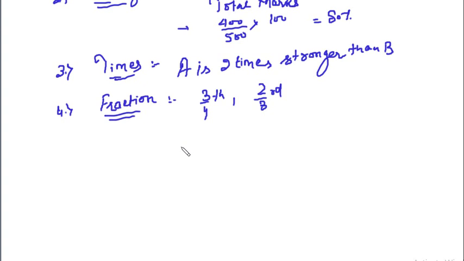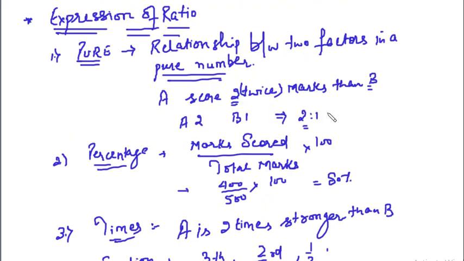That is what we studied. This is how sometimes we build relationships in fractions. 3/4, 2/3, 1/2. So this is how sometimes we express the ratios in fractions also. Clear?